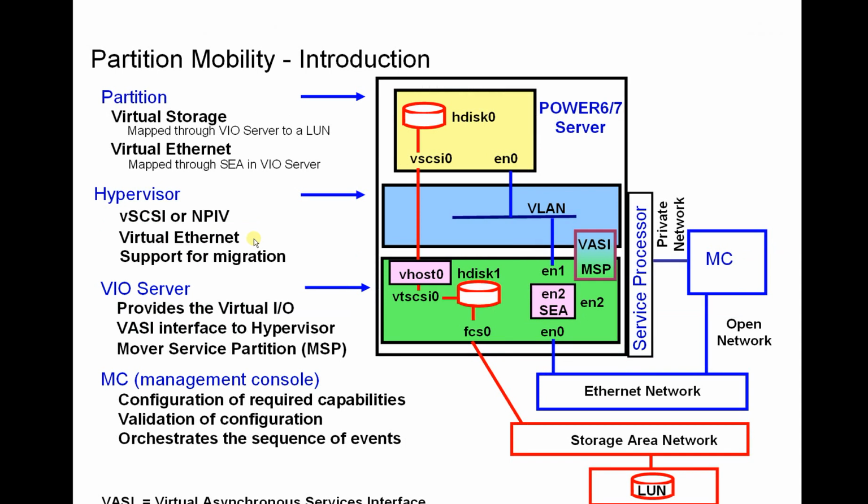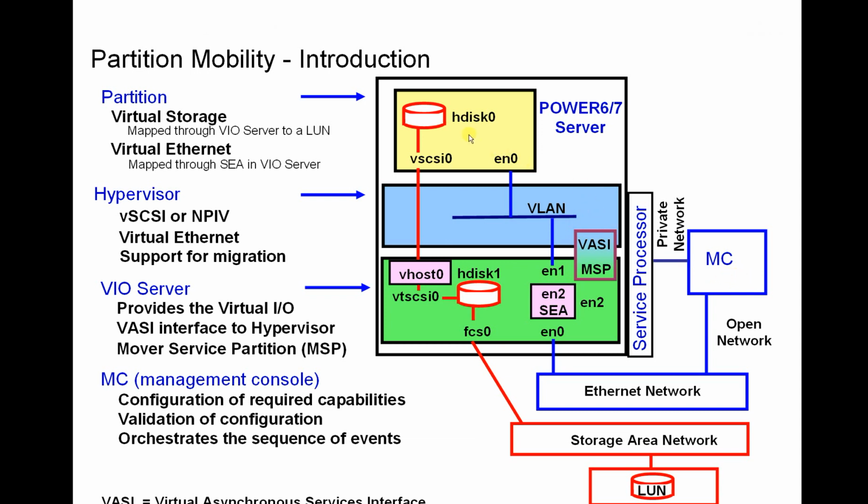This is what the fundamental partition mobility architecture looks like. The components that are involved are the partition to be moved, the VIO server, the hypervisor, and a management console. Okay, those are the primary components that are involved.